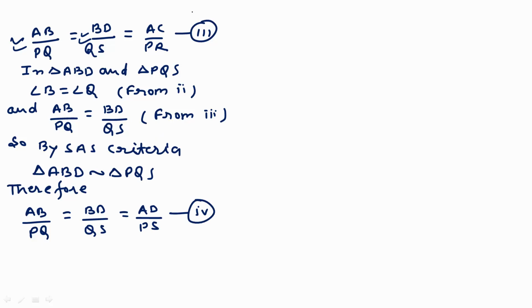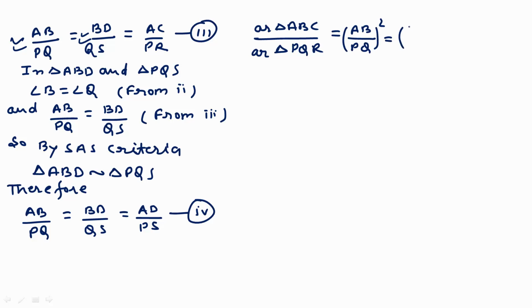So in triangle ABC, area of triangle ABC upon area of triangle PQR is equal to AB upon PQ whole square, which is equal to BC upon QR whole square is equal to AC upon PR whole square.